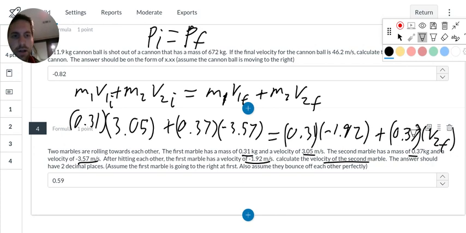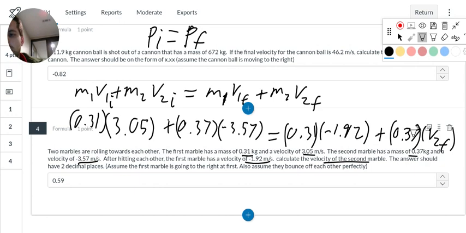Now, the quickest way to do this is to simplify everything on this side. So simplifying all my values. 0.31 times 3.05 plus 0.37 times negative 3.57.